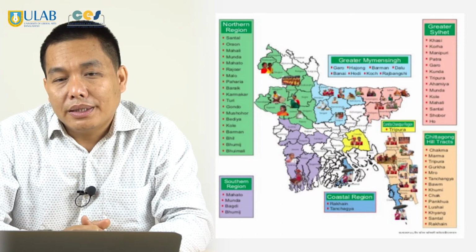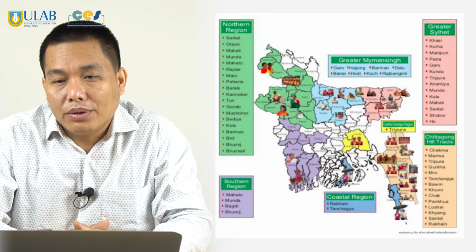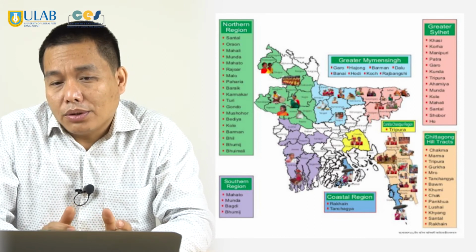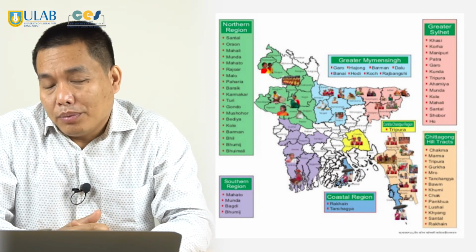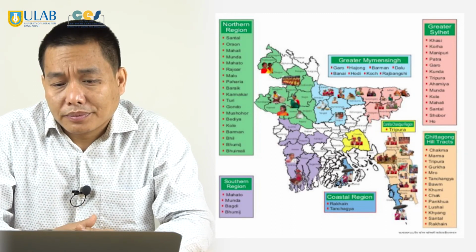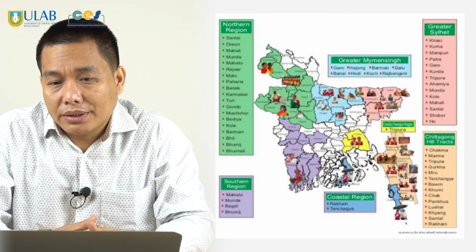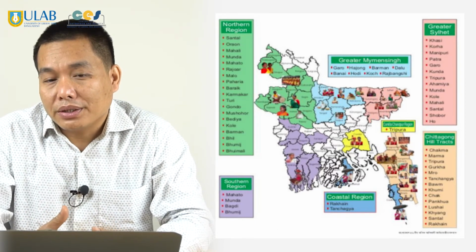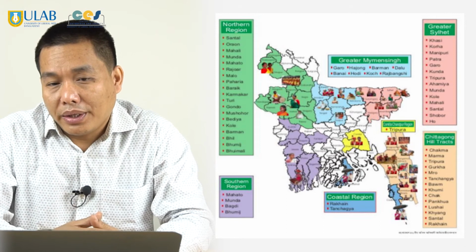Race, ethnicity and minority are quite important to understand the cultural diversity of Bangladesh. In this picture we see the indigenous and tribal people of Bangladesh. Bangladesh has lots of indigenous people, more than 54 according to the indigenous leaders, but according to the government there are more than 45 indigenous groups.